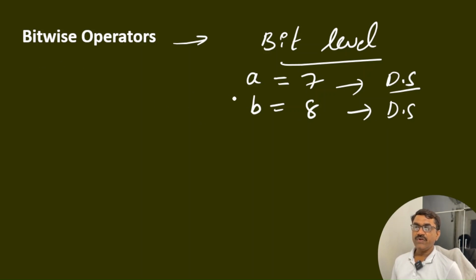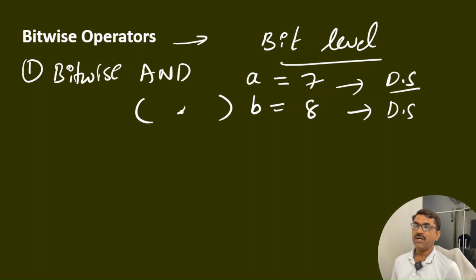But before moving on to the operation, let us discuss how many types of bitwise operators there are. The first one is bitwise AND. This is denoted by the ampersand symbol, right? This is not the address operator, it is the binary operator. Bitwise AND, that is ampersand, is a binary operator, meaning it operates on 2 operands.